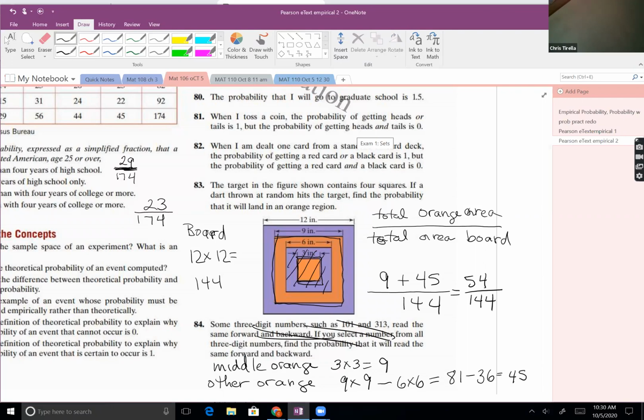Both of those numbers can be divided by 2, so that gives me 27 over 72. And both of those can be divided by 9, which gives me 3/8. Final answer.